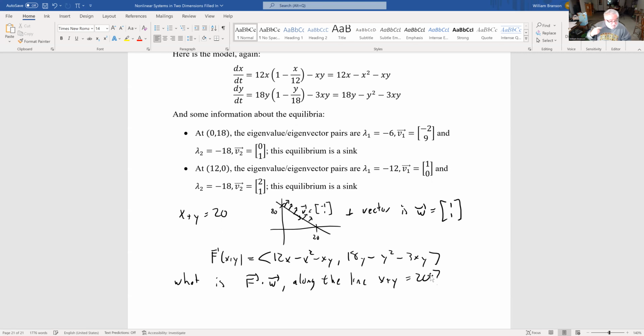What is the dot product between the function and this perpendicular vector to the line along that line?